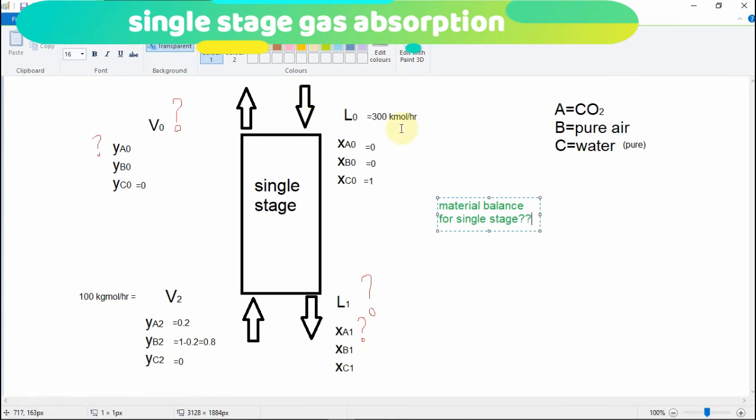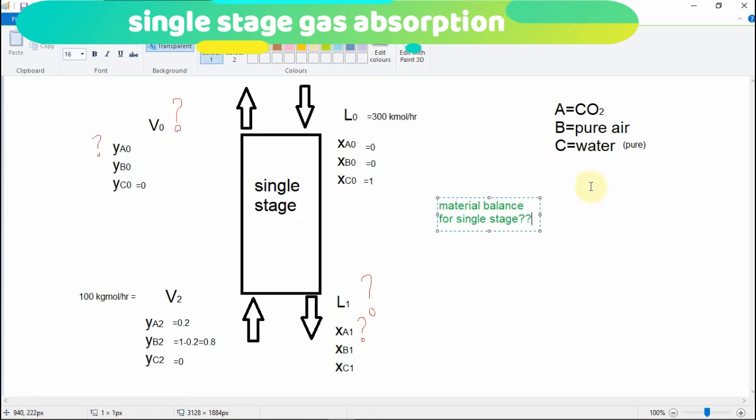We assume there is no loss of solvent throughout the process, so if the solvent enters the column at 300 kmol per hour, the outlet solvent flow rate, which is L1, will also be around 300, because we assume there is no loss in solvent.